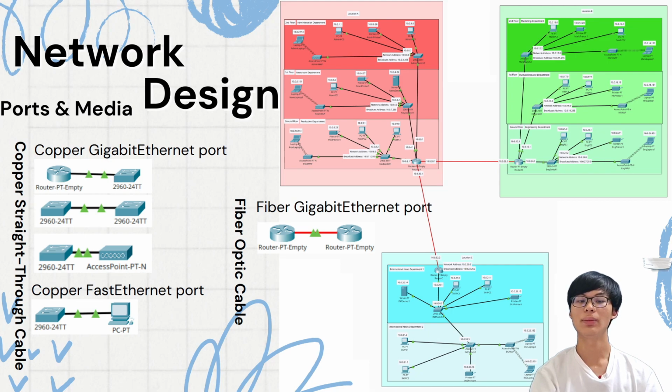For the connection between routers, we use fiber optic cables because the routers are split far apart in different locations, and fiber optic cables are suitable for that, and they are also less prone to interference. We use it to connect between routers on the fiber gigabit Ethernet ports because gigabit Ethernet has 1000 megabits per second rate.